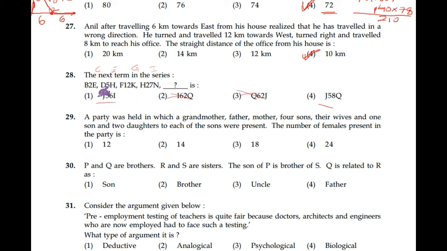Now the last term we will see E, F, G, H, I, J, K, L, M, N, O, P, Q. So next term would be Q. So this is also cancelled out. This fourth one would be our correct answer.